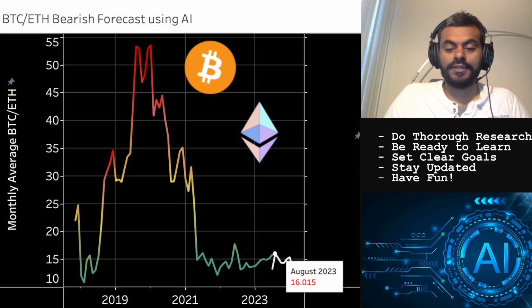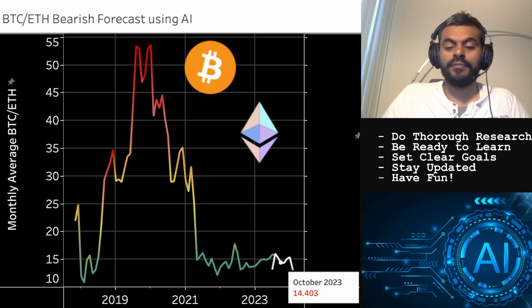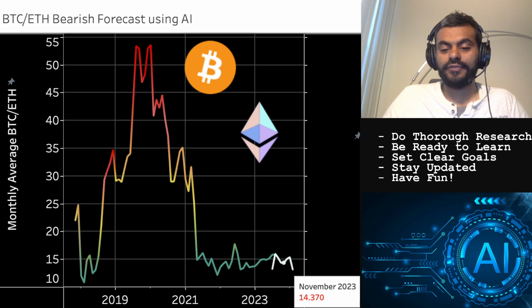For August it was 16, but for September it's at 15.25 ether per BTC. October is 14.4 ether per BTC. November 14.37, December 15.4, January 13.13, and this is the lowest that this model has forecasted.